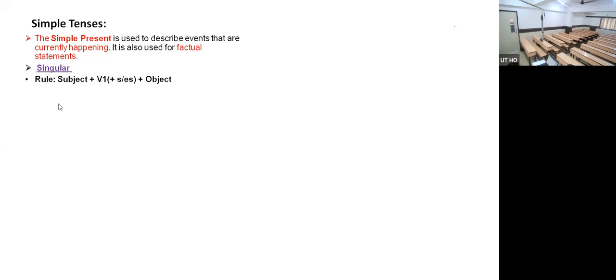So if you're talking about the singular simple tense, we get the root verb plus S or ES plus the object. That will be your sentence structure. So say the girl sings a song, right?